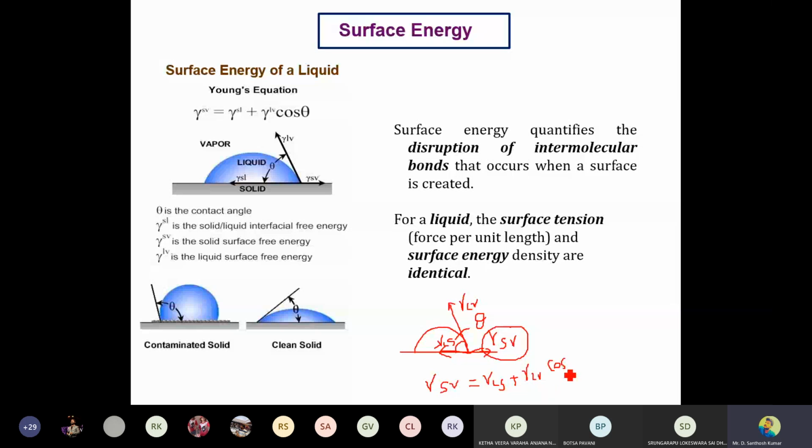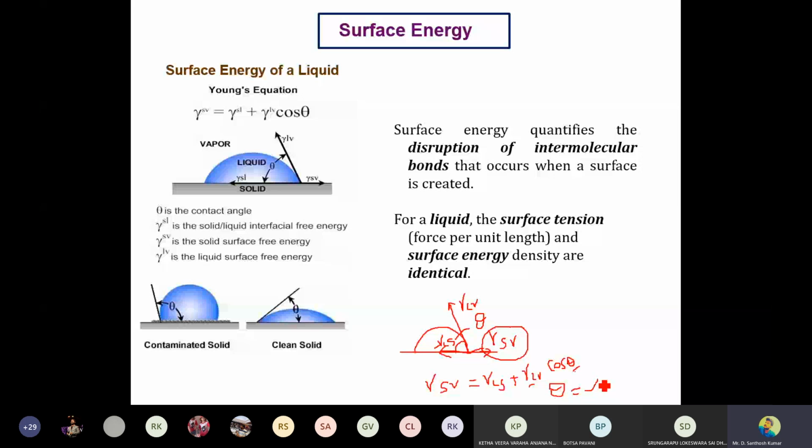So cos theta is equal to gamma SV minus gamma LS divided by gamma LV. Then theta is equal to cos inverse of gamma SV minus gamma LS divided by gamma LV. Like that we can measure the theta value.